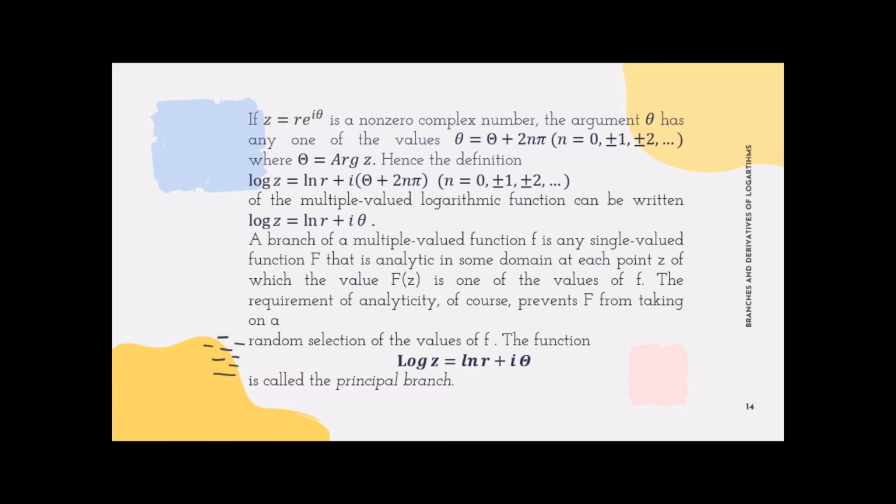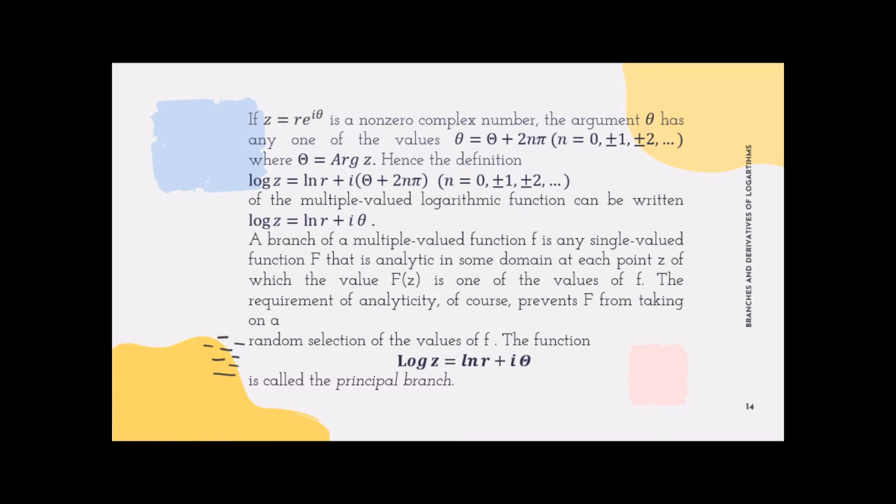Hence the definition log z = ln r + i(θ + 2nπ) for n = 0, ±1, and so on, of the multiple valued logarithmic function can be written log z = ln r + iθ.